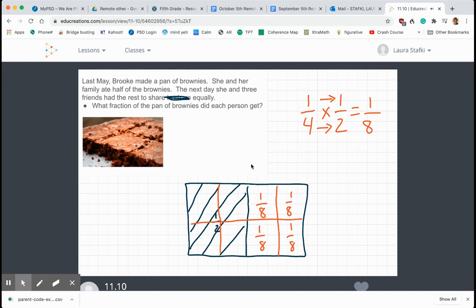So you're absolutely right. It can be a multiplication problem. Since we're talking about division, though, we have to think of it in a different way. To think of it as a division problem, we're going to take the 1/2 we've got here, and we are going to say we took 1/2 and divided it by 4, and that equaled 1/8.